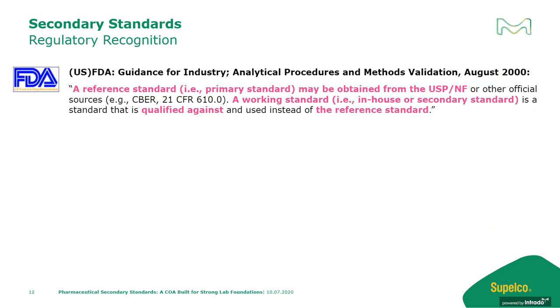The use of secondary or working standards in the place of primary standards is a valid option that has been recognized by regulatory bodies. In the Food and Drug Administration Guide for Industry, it is stated that, quote, a reference standard, i.e. a primary standard, may be obtained from the USPNF or other sources. A working standard, in-house or secondary standard, is a standard that is qualified against and used instead of the reference standard.